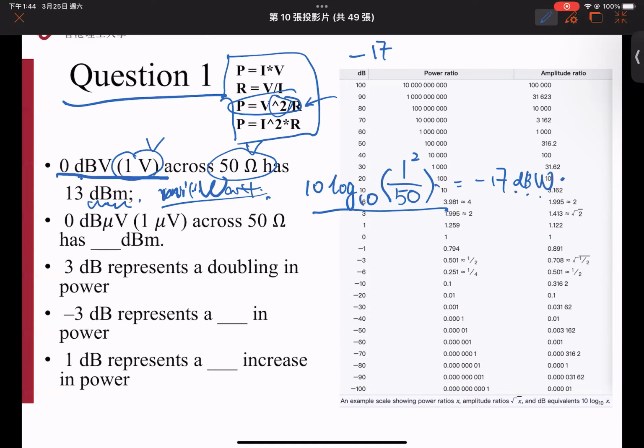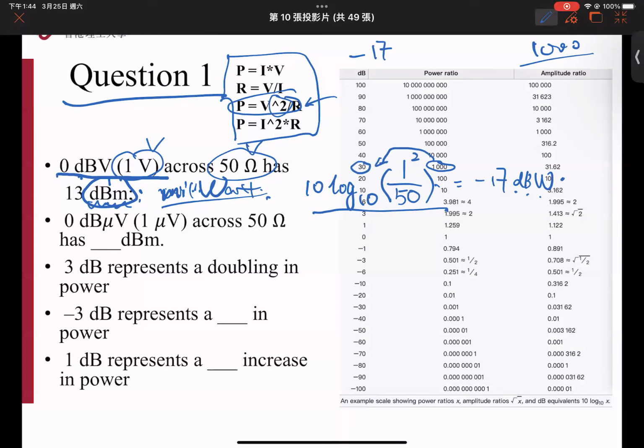And dBW needs to be converted into dBm, because what we care about is milliwatts here. The ratio from watts to milliwatts is 1000. If you look at the table, 1000 corresponds to a change of 30 dB.